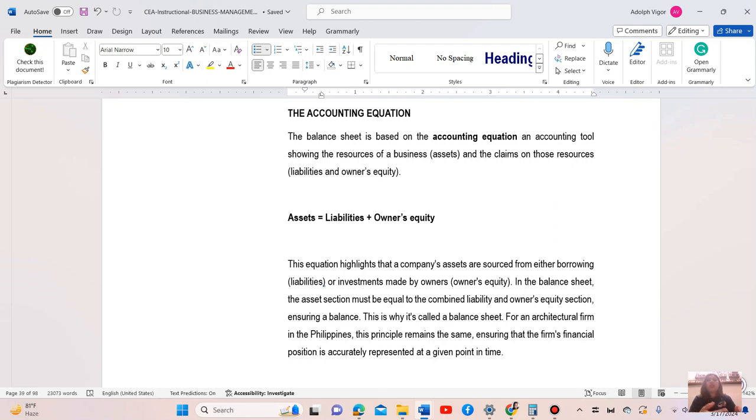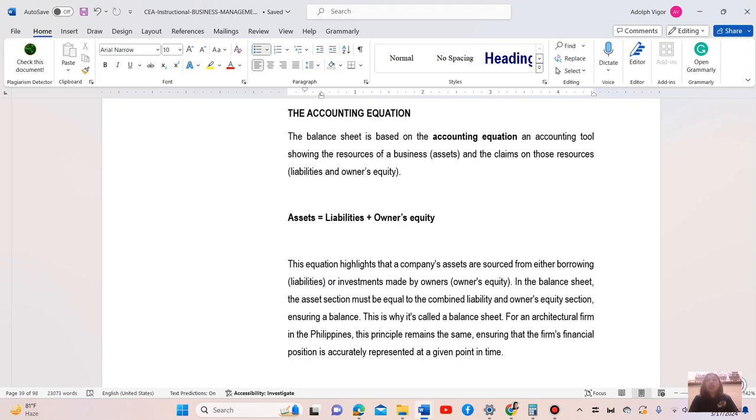So this equation is assets equals liabilities plus owner's equity. This equation highlights that a company's assets are sourced from either borrowing, which is liabilities, or investments made by the owners, which is the owner's equity.